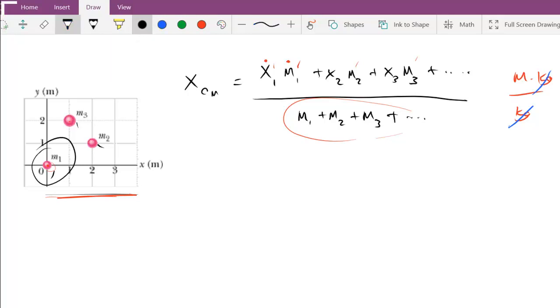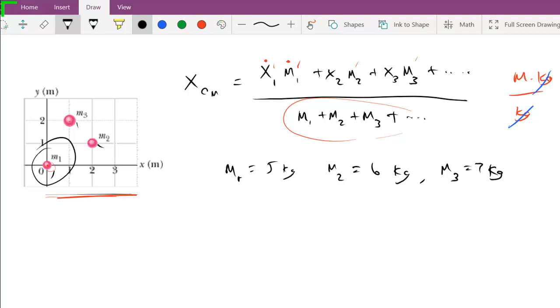So let's do a little example. Let's say that mass 1 is actually a little bit smaller here, so let's say that it is 5 kilograms. And then let's say that mass 2 is 6 kilograms, and mass 3 is equal to 7 kilograms.